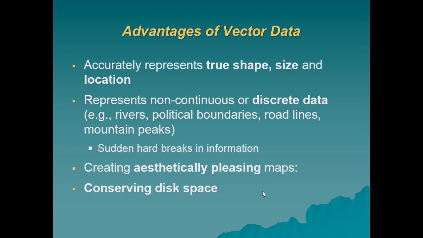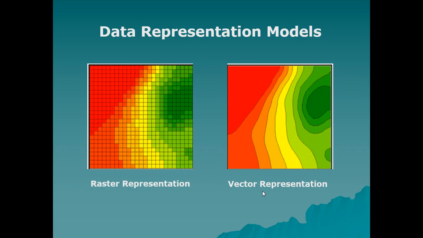So does the vector to some extent, but it's more so the raster than the vector. Now this is just another representation side by side of the raster versus the vector, showing the same data. So that's just a visual for you there.